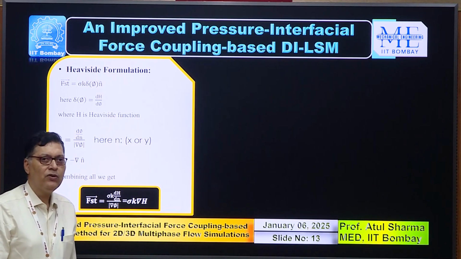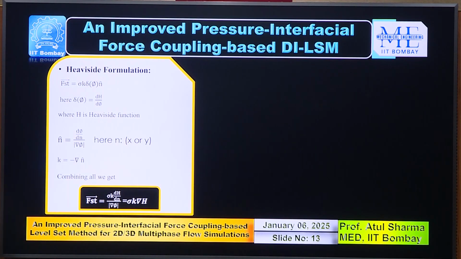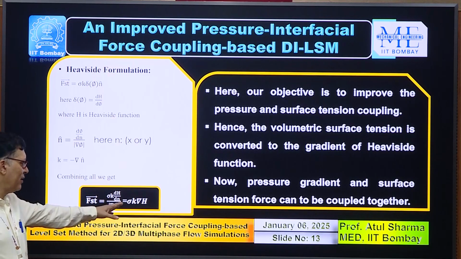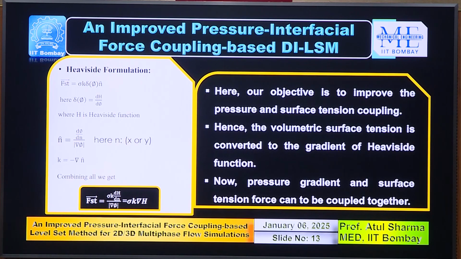Now, when you look into the Navier-Stokes equation, the pressure term is grad of P, and we have grad of P and grad of H. The idea which we have used is, here our objective is to improve pressure and surface tension coupling. So in the next slide I will show you that any CFD methodology conventionally starts with a volume integral.